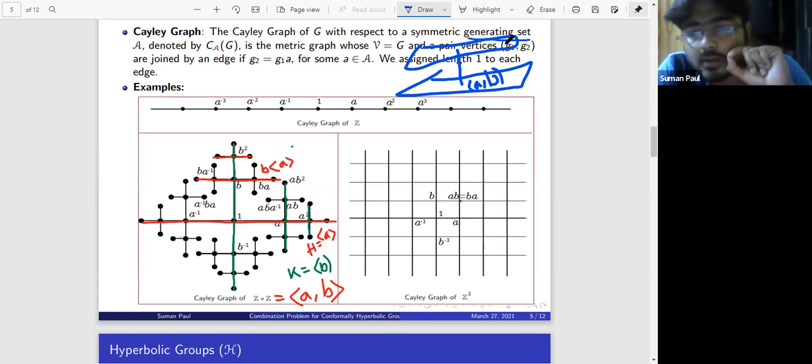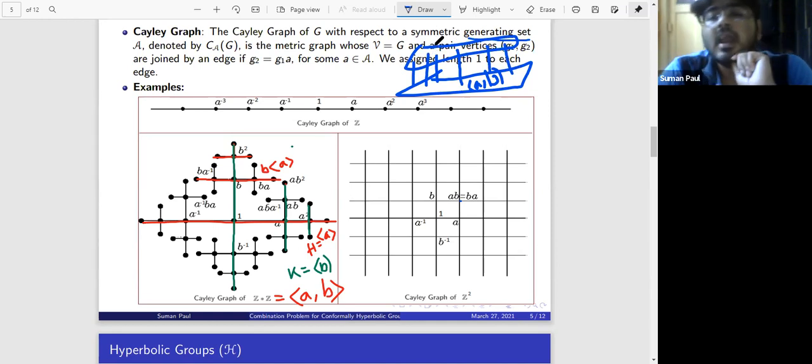All these points are attached by edges, and then also we added some extra edges, which is like, no, I'm not explaining properly.